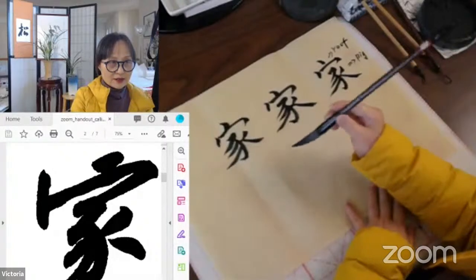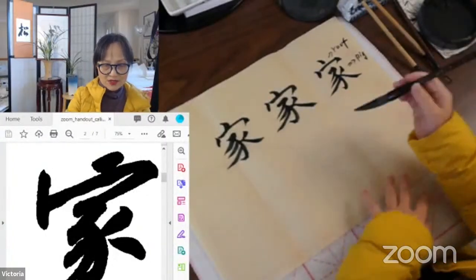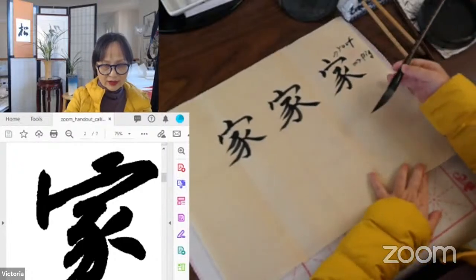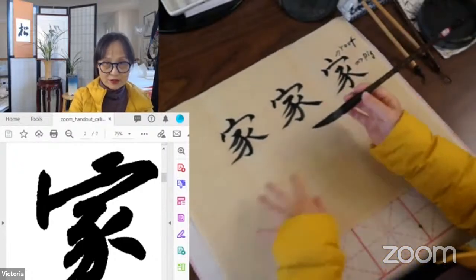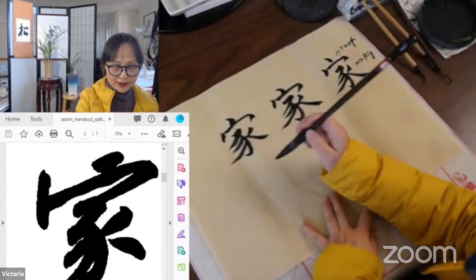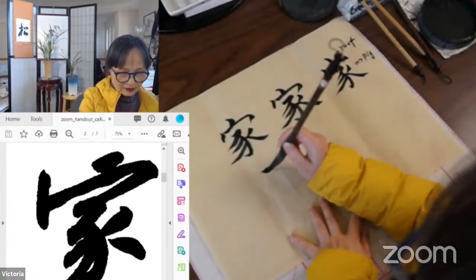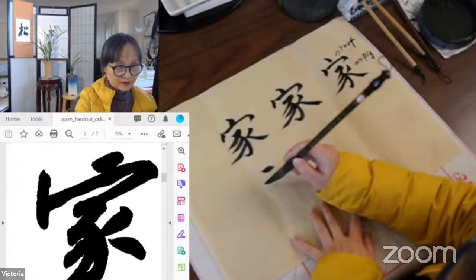So the dot changes direction. Sometimes people do it a little bit vertical, sometimes a little bit horizontal. We talked about last time that you can always change direction, right? So still the dot and then the vertical. Can you see? Yeah.